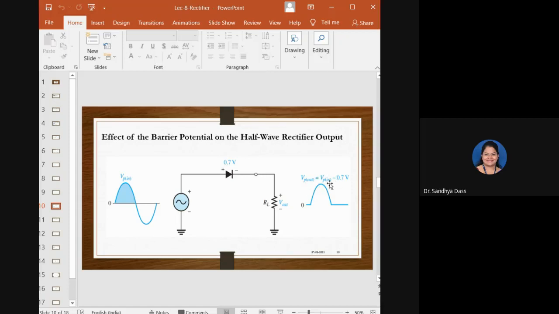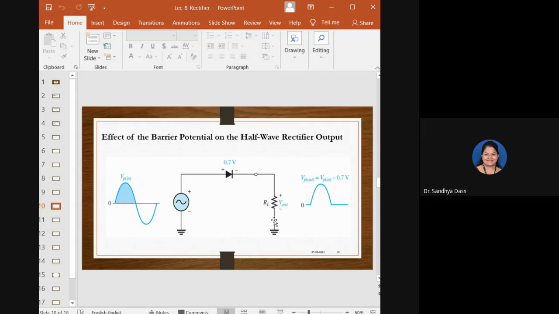So the expression is given there. All right, I'll repeat. During the positive half cycle, the input must overcome this barrier potential to make the diode forward biased, resulting in a 0.7 volts lower peak value.